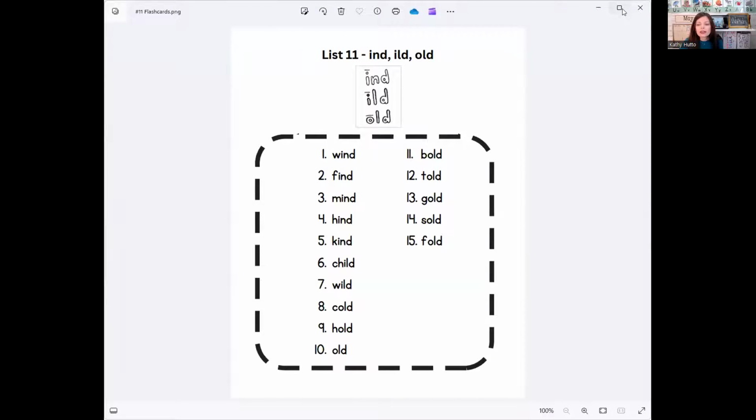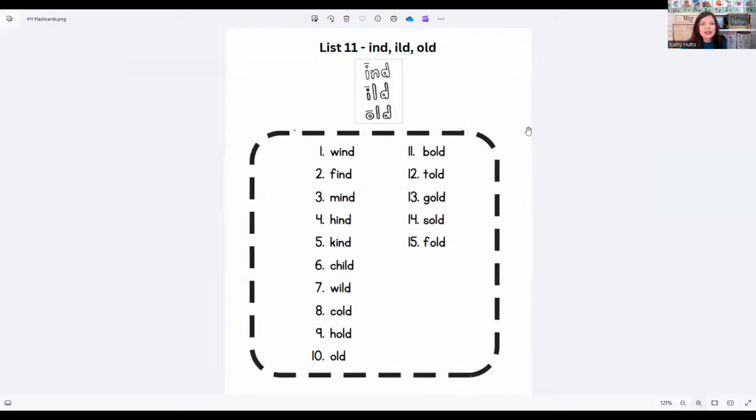So here's our word list for today. And if you look at the top, you'll see IND, ILD, OLD, but we'll need to add two more. OST and also OLT.